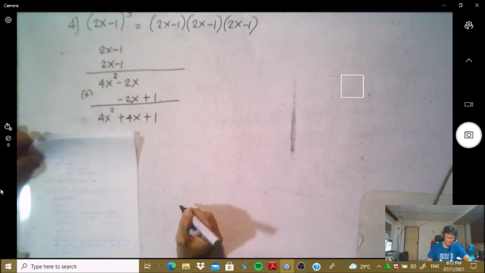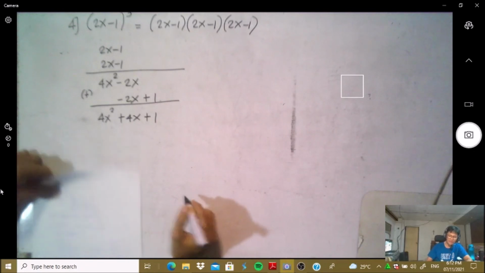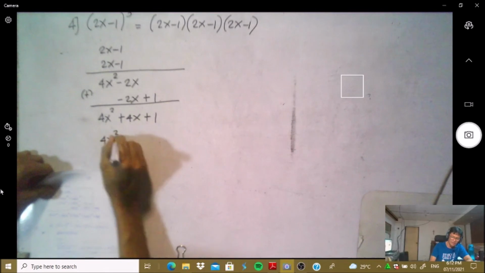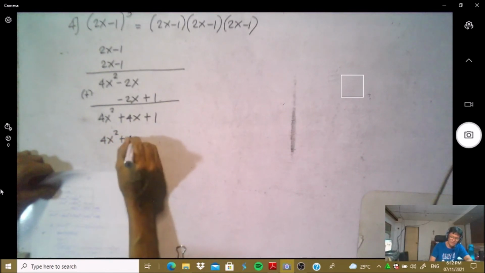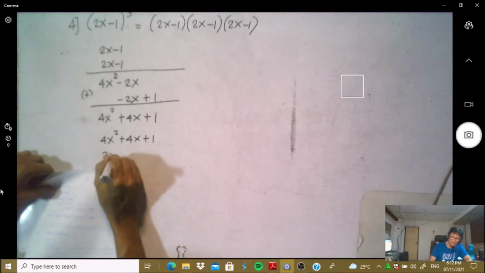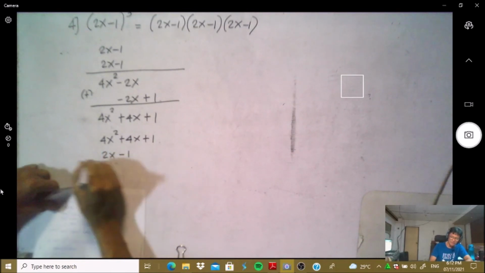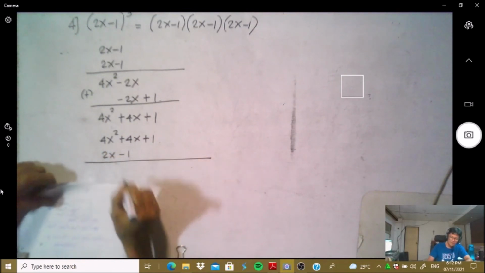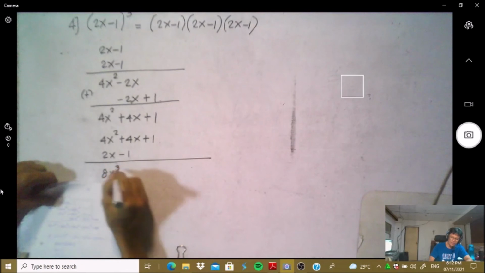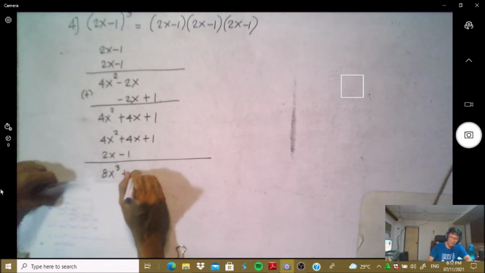First multiplication answer. Then we are now again going to multiply 4x squared plus 4x plus 1 by 2x minus 1. Okay, so we will have 2x multiplied by 4x squared equal to 8x cubed. Then plus 2x times 4x equal to 8x squared.